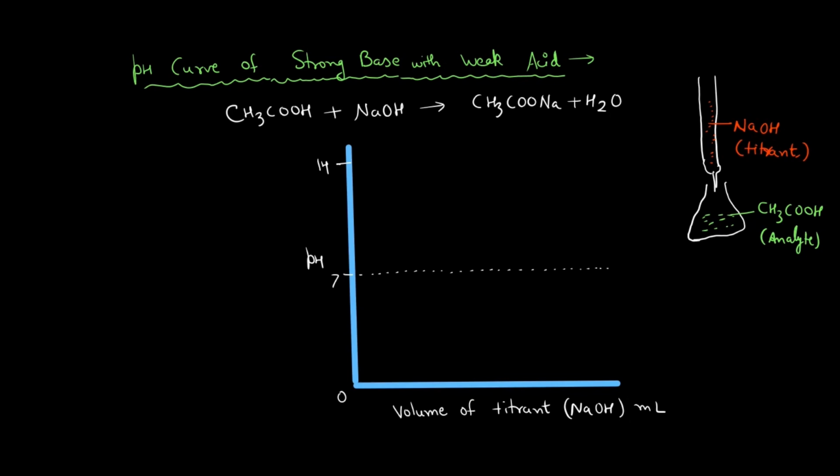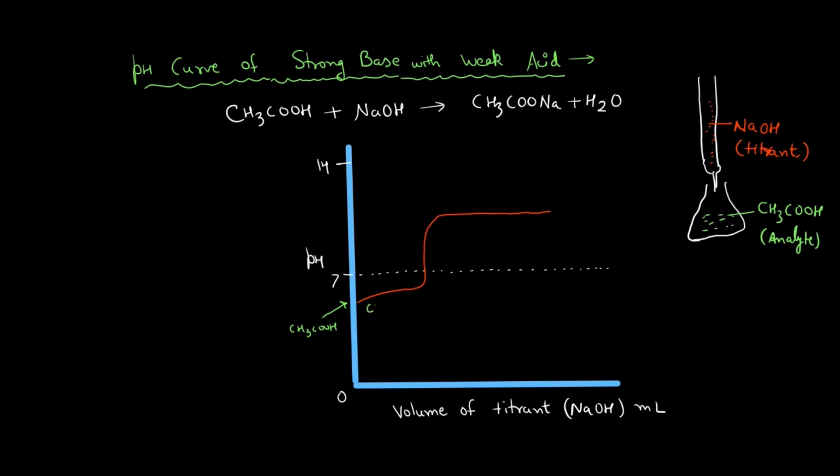Now since our analyte is a weak acid, acetic acid, our curve will start from somewhere here and it will go like this, like this, and like this. Okay, so this y-intercept is representing the pH of acetic acid because it's a weak acid. Then when sodium hydroxide drops into acetic acid, sodium acetate is formed.